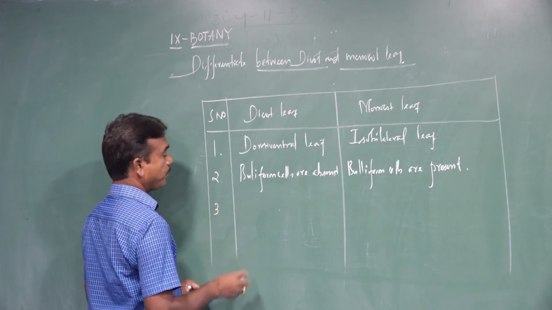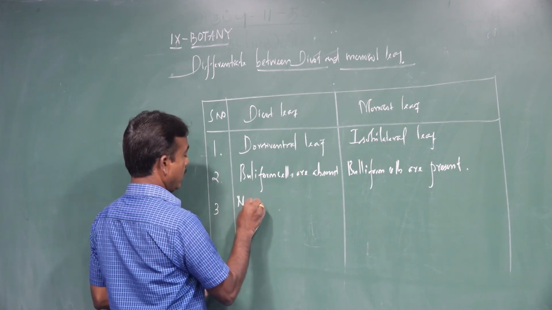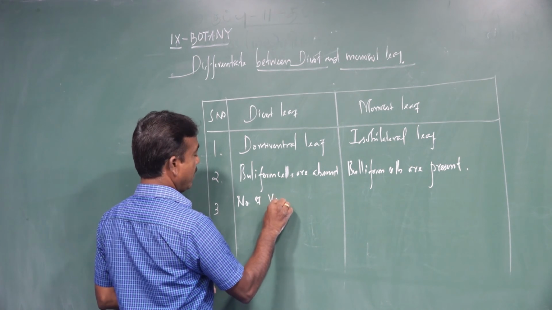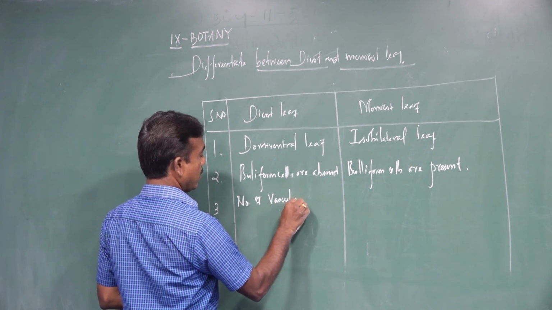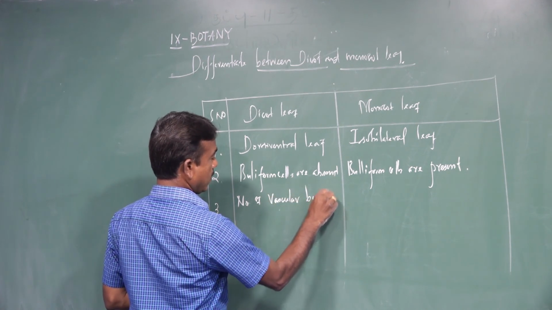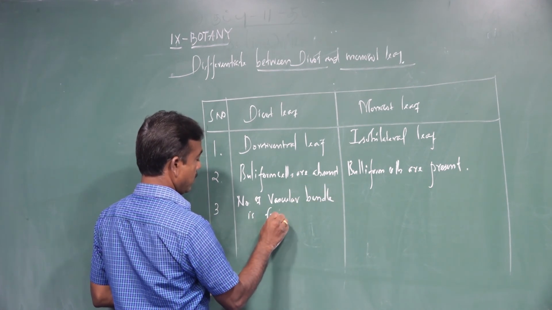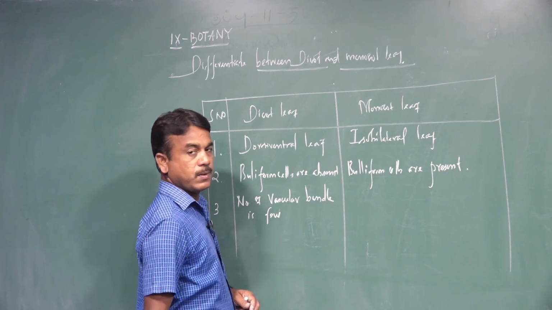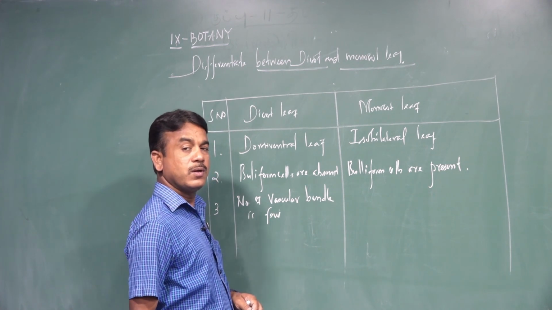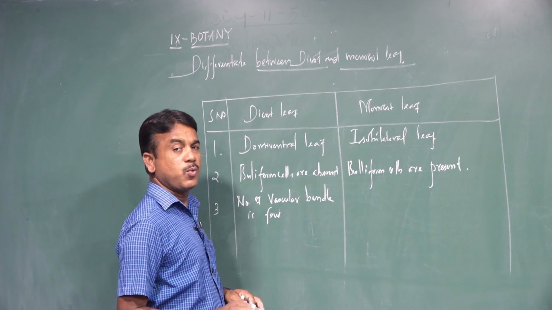Third one, number of vascular bundles. In dicot, the number is few. In the dicot structural view, there are only one or two vascular bundles.